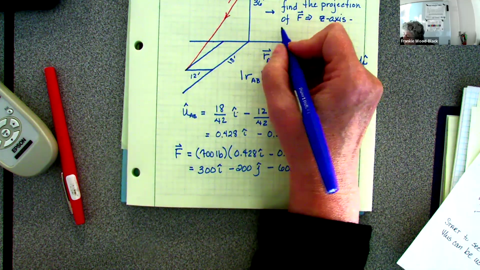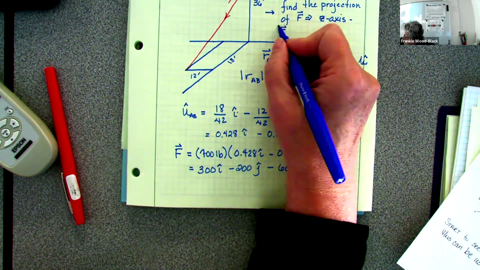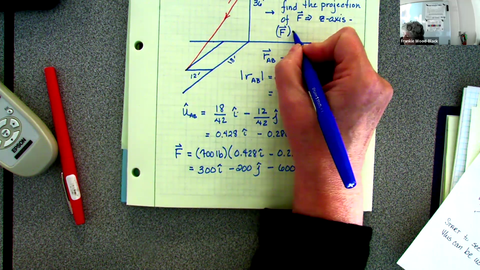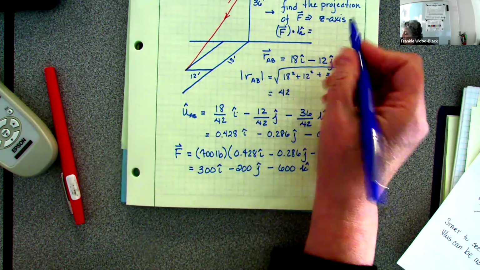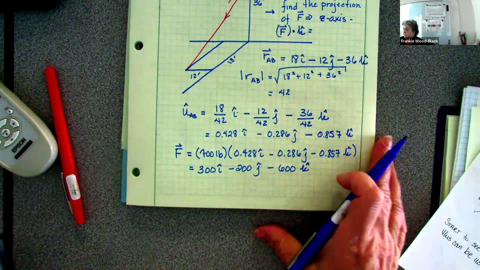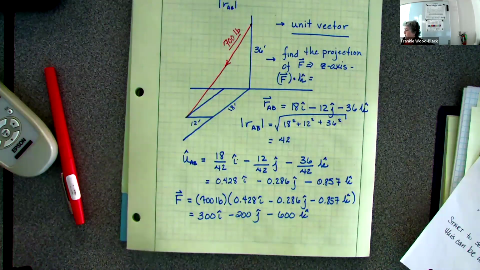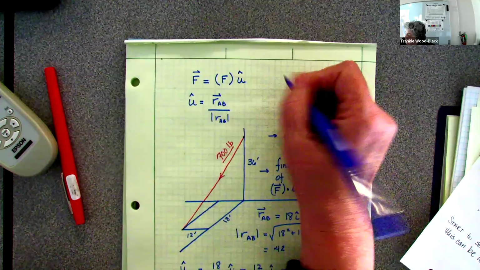This will give me my force vector dot product with K. This is where our dot products are going to come in. Move that down so everybody can see that a little better.